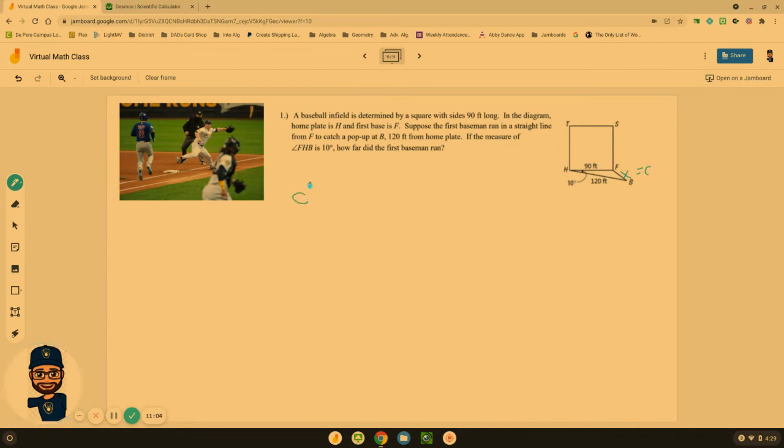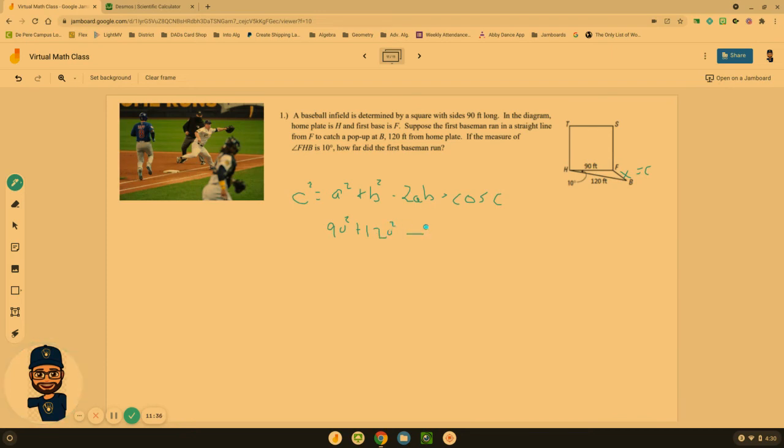C squared equals A squared plus B squared minus 2AB times the cosine of C. So we're basically just filling all of this in. A squared, let's just say A is 90. So I've got 90 squared plus B squared is the 120. Those are the two sides that they give me.